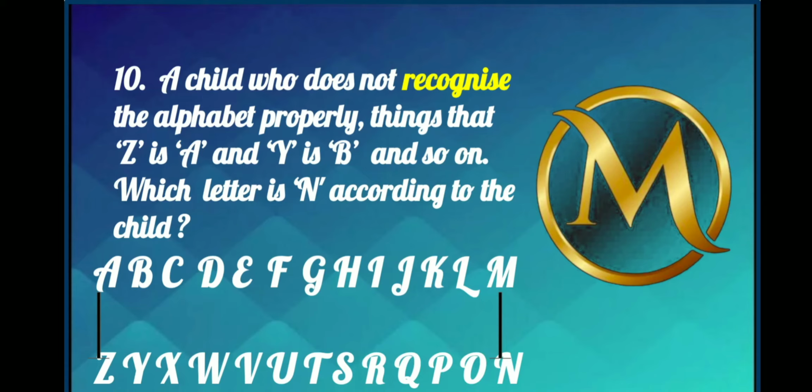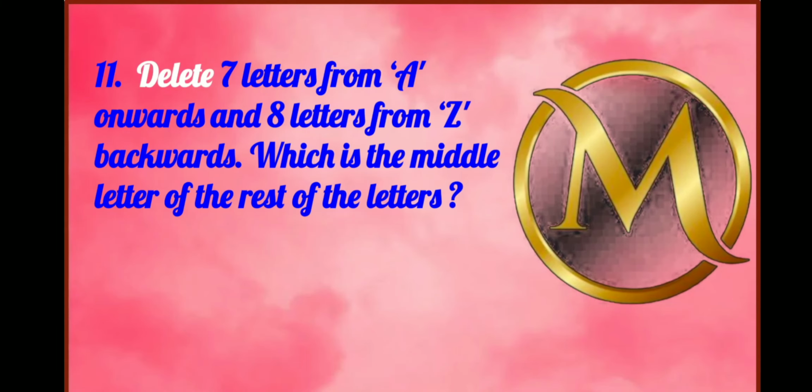It means from A to M we will write in the correct order. Then we will take a U-turn and start writing from the right side: N, O, P, Q, R, S in this way. So the Z will come in front of the A, Y in front of the B. In the same way, M is coming in front of the N. So your correct answer is M.